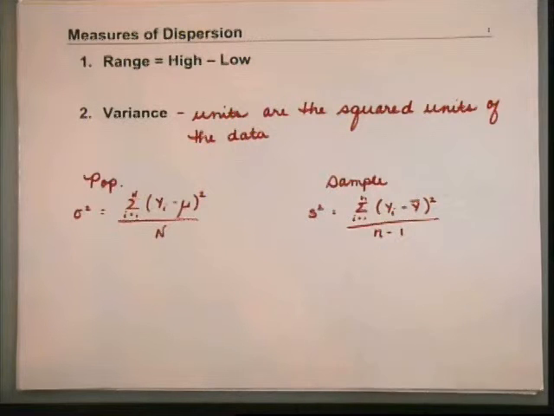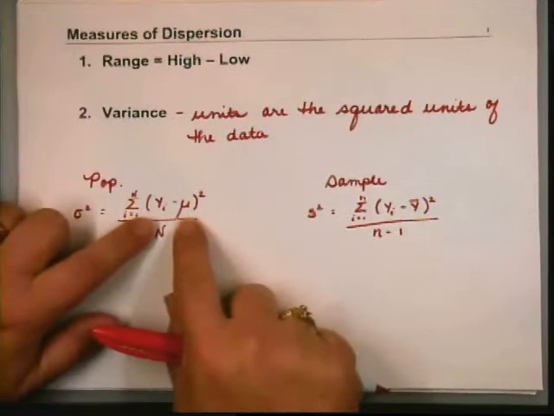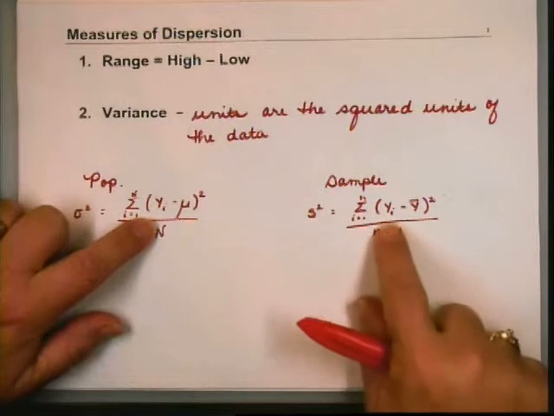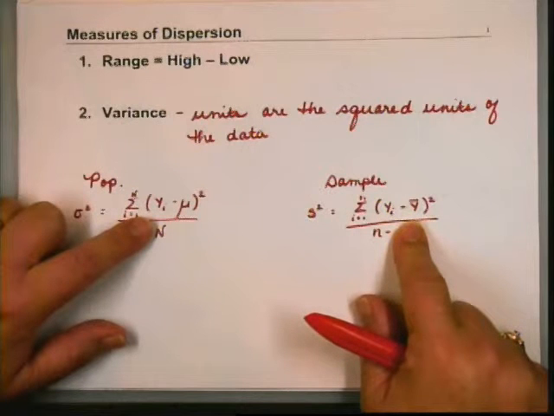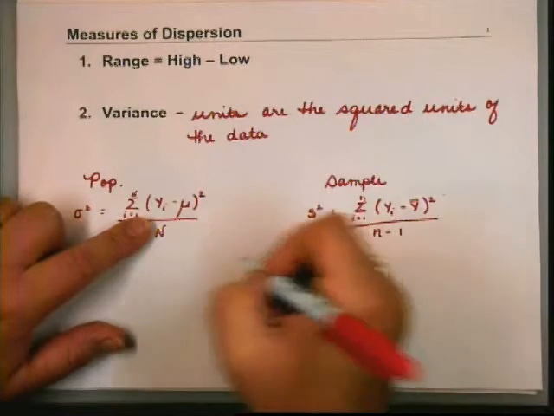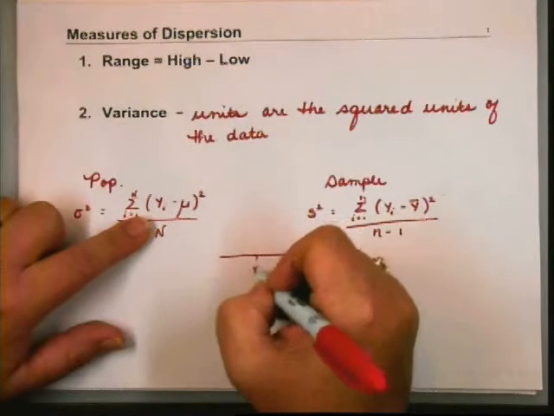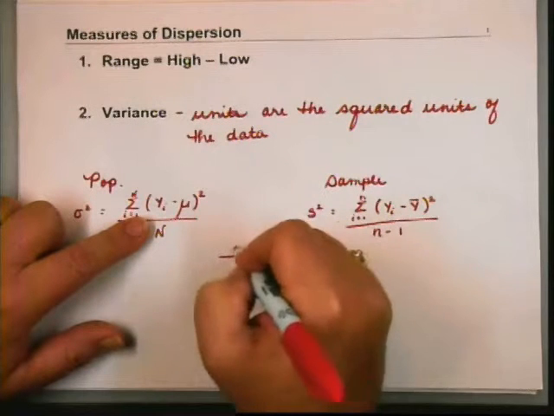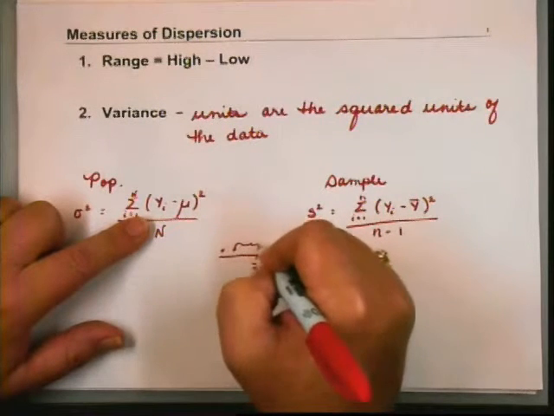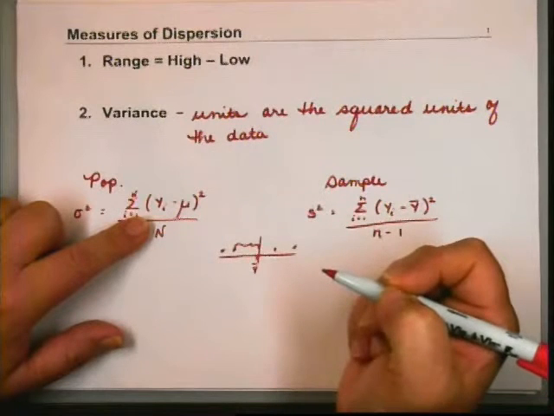Okay, now notice in either case here, the values y i minus mu and the values y i minus y bar, those differences can be either positive or negative, right? In fact, they have to be some positive and some negative if the mean is the algebraic center of the data, right? Because if it's the algebraic center of the data, say that y bar, that means you're going to have some values over here, some values over here, and you're measuring the difference in between those, right?